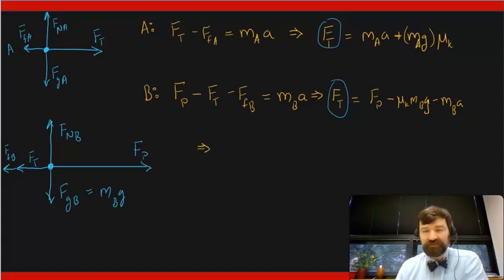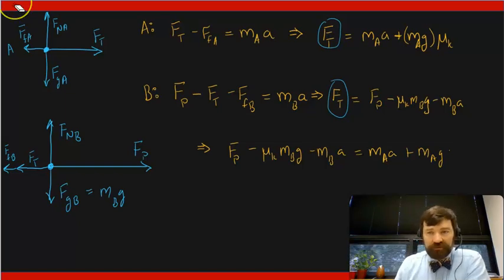And so what that leaves me is that the pulling force minus the coefficient of friction times mass of B times g minus mass B times a is equal to mass A times a plus mass A times g times the mu. So I guess maybe we'll put the mu before the masses just for consistency here, mu k.